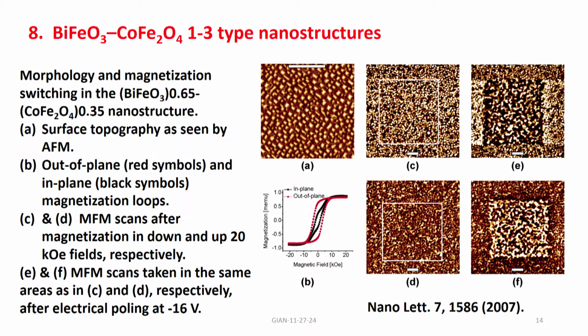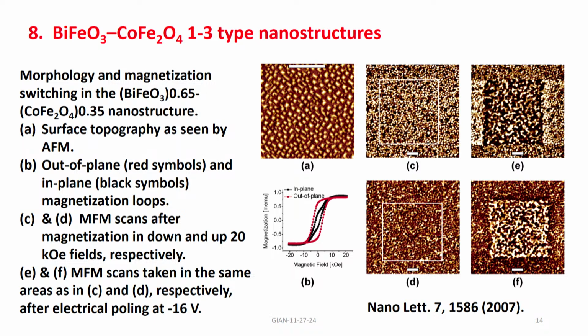So, the black and white spots are the domains of the cobalt ferrite, and look at this color, it's a white spot. Then they apply a field of 20 kilo-oersted perpendicular to the film, then 20 kilo-oersted also perpendicular, but in the opposite direction.